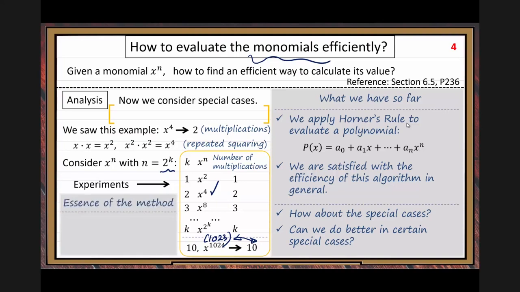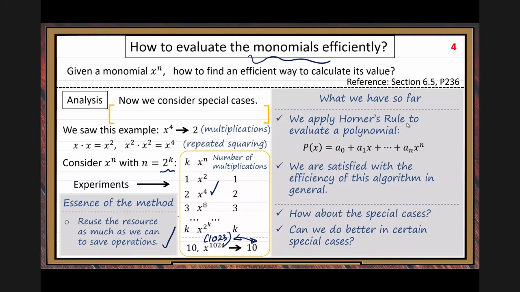Before we go to the extension to cover all positive integers n, let's look at the essence of this method. Why do we have this big improvement? The essence of this method is to reuse the resources as much as we can to save operations.